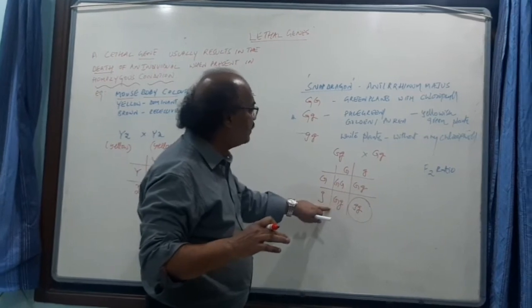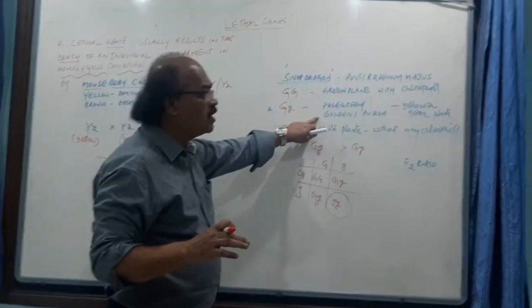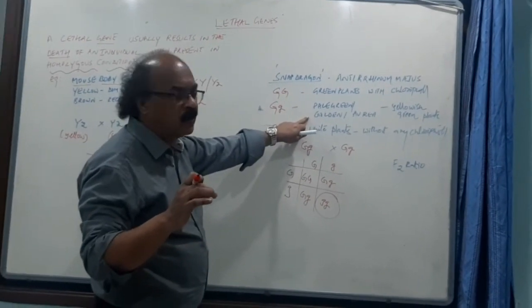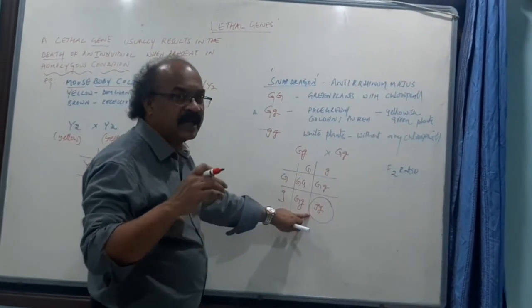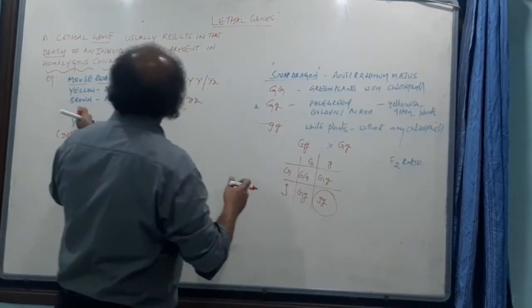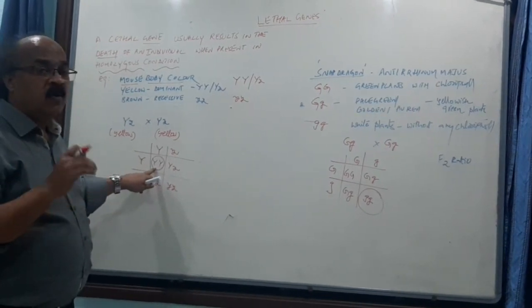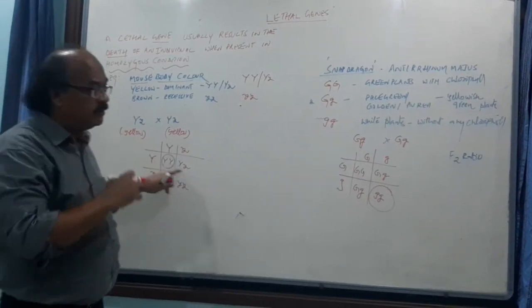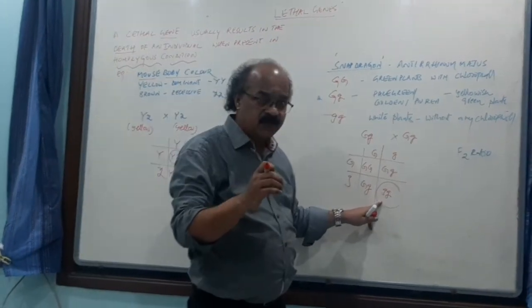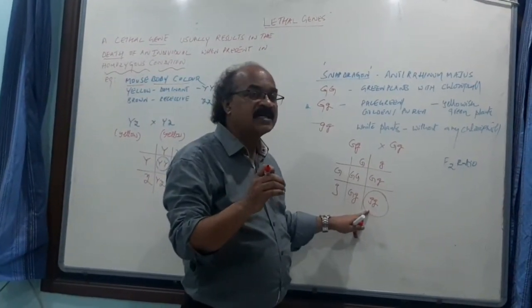Capital G small g are aurea or golden, pale, yellowish. Small g small g cannot survive. Now, if you take both the things, in the mouse case capital Y homozygous dominant is lethal. In this case small g homozygous recessive is lethal.